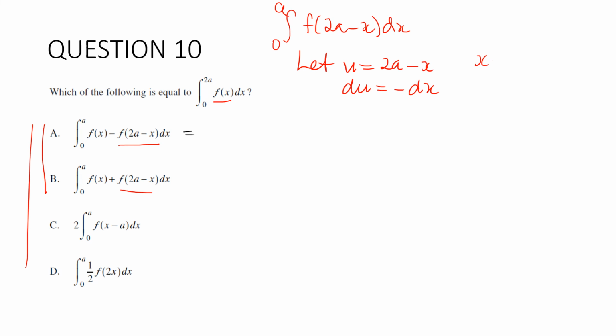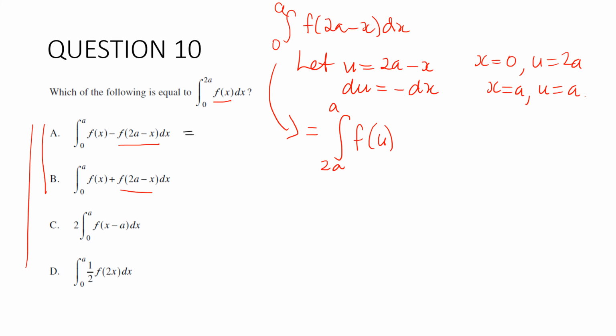And the limits: when x is equal to 0, u is equal to 2a, and when x is equal to a, u is equal to a. So this becomes the integral between 2a and a, and you can see that that is upside down, f of u times negative du. So I'm going to put the negative out there, du.